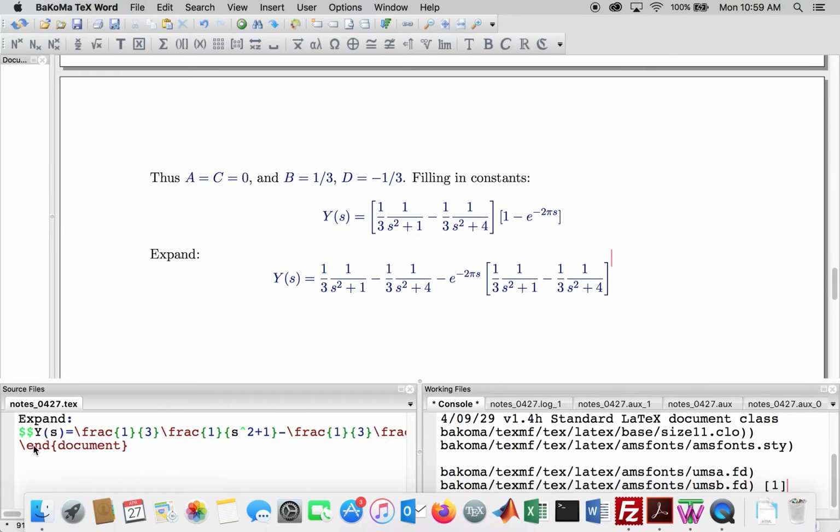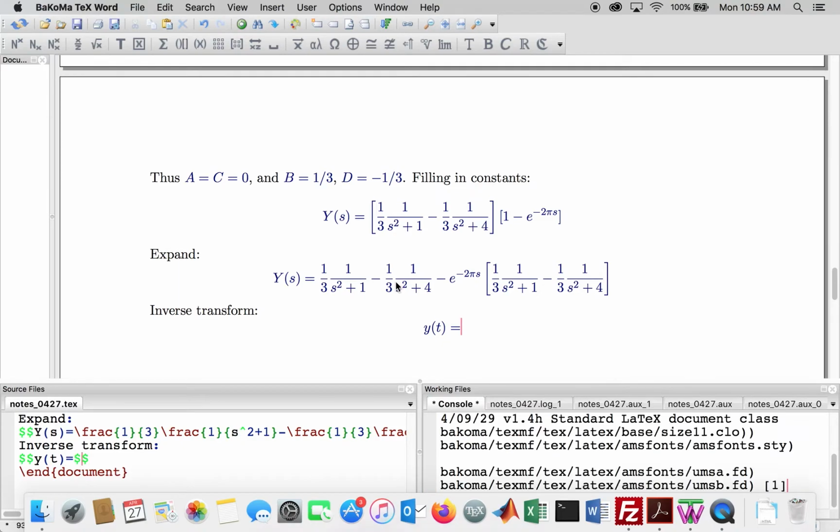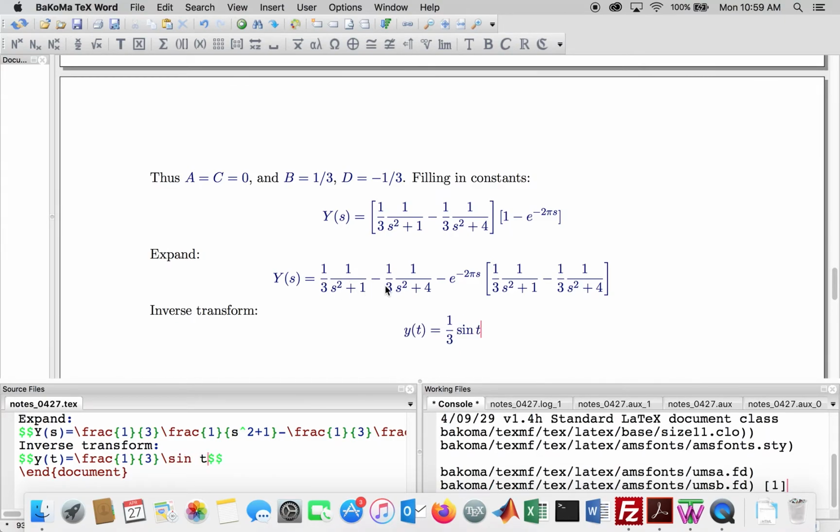Now, for inverse transforming, first these two terms that don't involve a unit step function. So y of t. Here I have 1/3 that's just sitting there, and this is the transform of sine t. And then here I have 1/3, and then this is a transform. You think, oh, this is a transform of sine 2t, except for one thing.